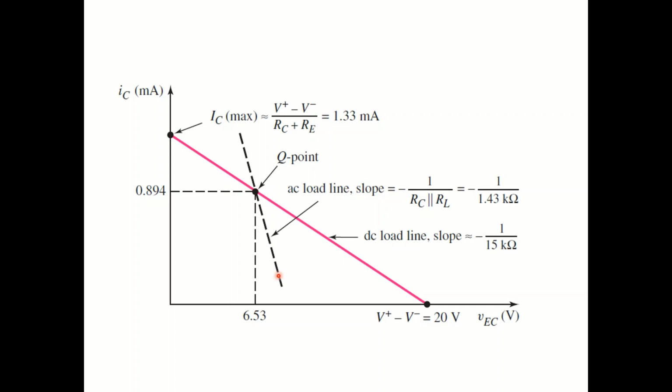Because we effectively put in a coupling capacitor on both emitter and collector, the slope of the AC load line differs significantly in comparison to our DC load line.